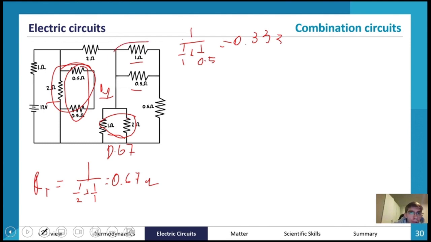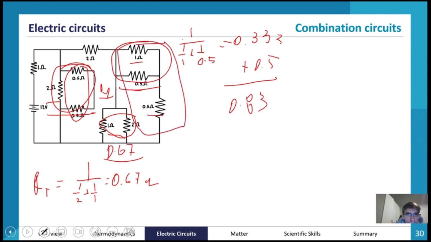So what we're doing here is we're solving all the complicated stuff first. Now this 0.33 here and this 0.5 are in series with one another, so that would give us 0.83.